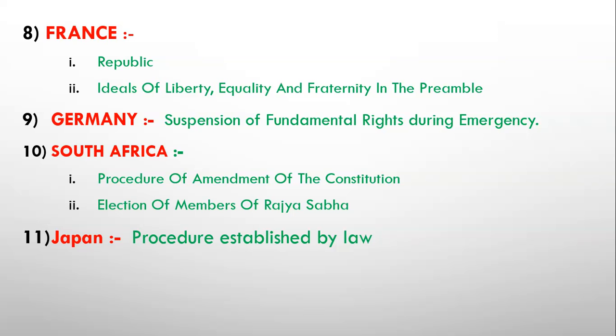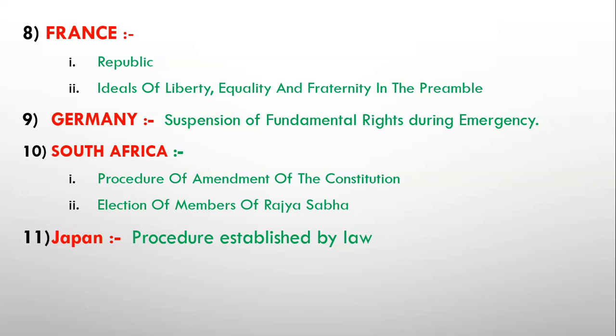So the president, on the advice of the Prime Minister and the Council of Ministers, has the authority to suspend all the fundamental rights except the rights under Article 21 and Article 20 during emergency. If there is any emergency in the country, then the president has the power to suspend your fundamental rights.